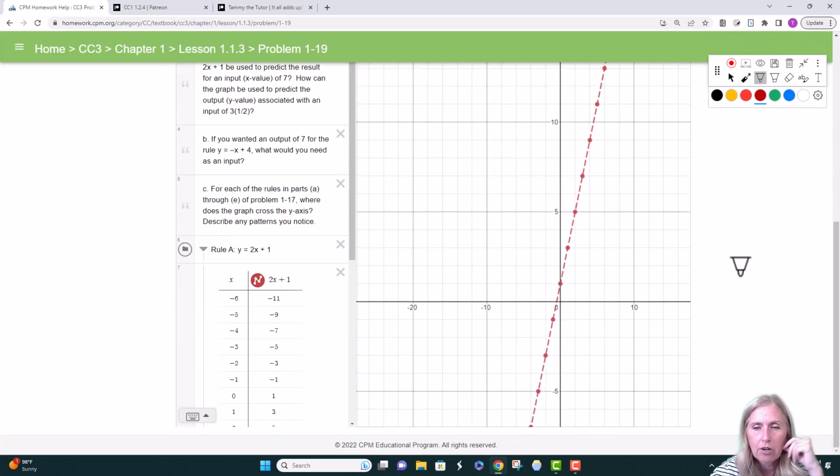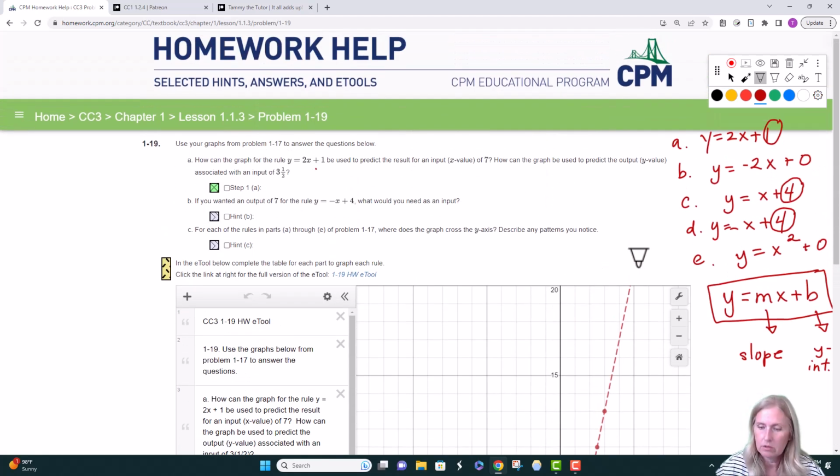And that means it would have crossed right here on the 0. It would have gone through right here instead of the 1. Okay? So those are the answers for A through E. Where does the graph cross the y-axis? At the 1, the 0, the 4, the 4, and the 0.